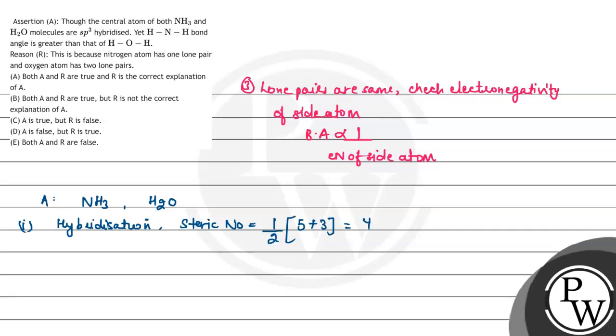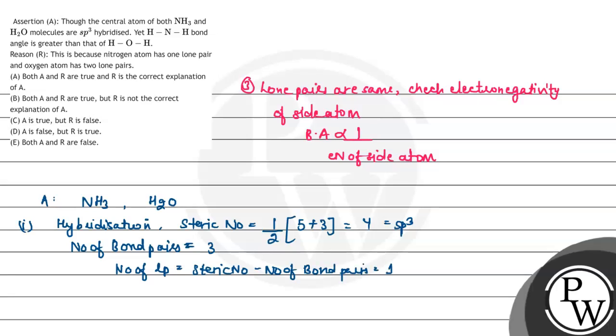So 8 by 2 equals 4. This means 4 hybrid orbitals are present, so it is sp3 hybridized. Now the steric number is 4, and the number of bond pairs is 3, since one N is linked with 3 H. The number of sigma bonds is 3. Hence we can find the number of lone pairs. Steric number equals the number of bond pairs plus the number of lone pairs, so lone pairs equal steric number minus bond pairs. So we get 1 lone pair.